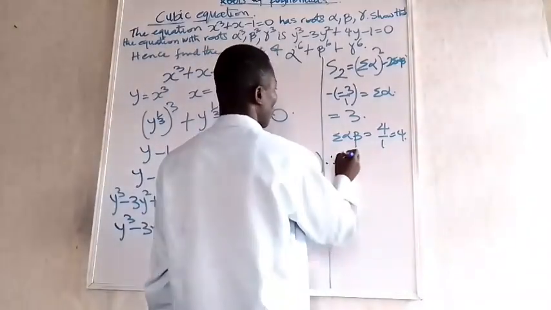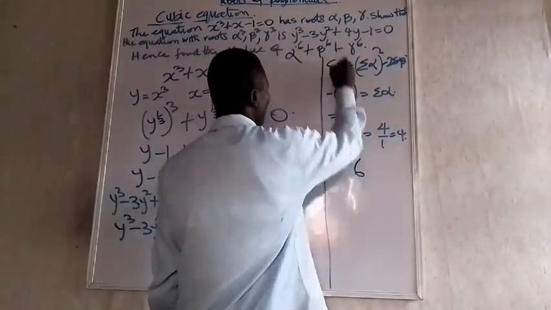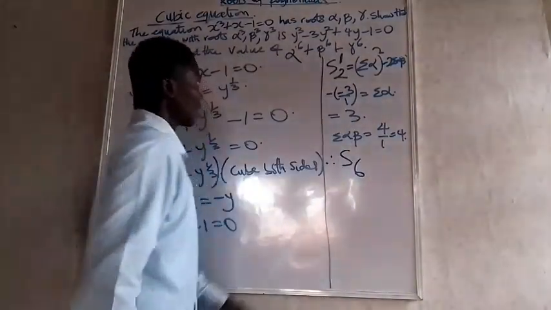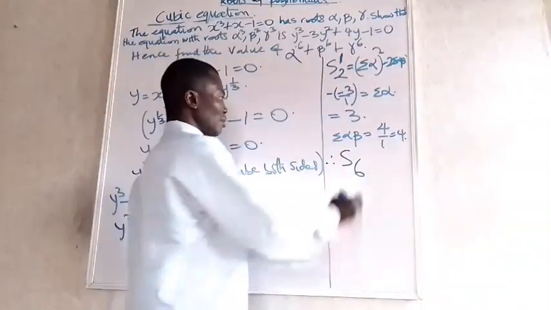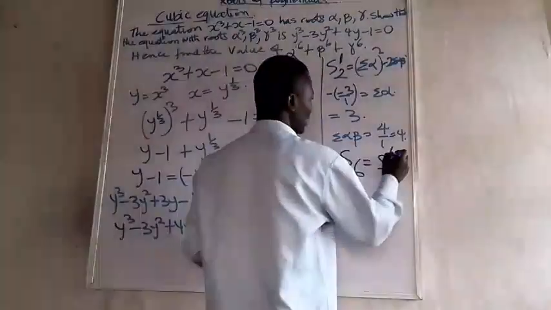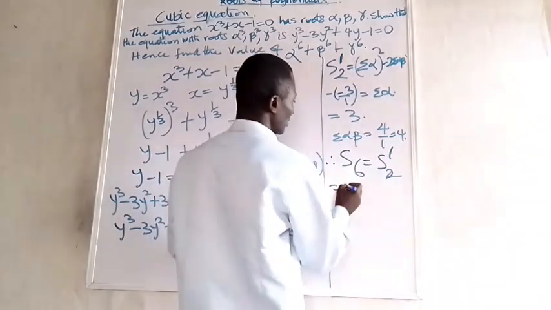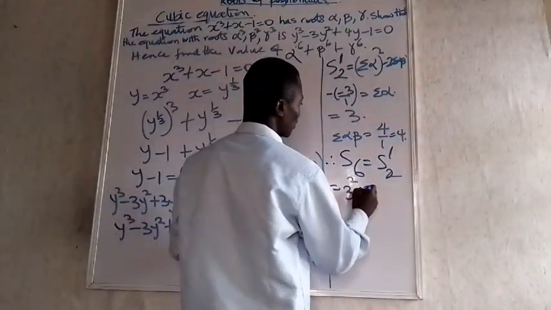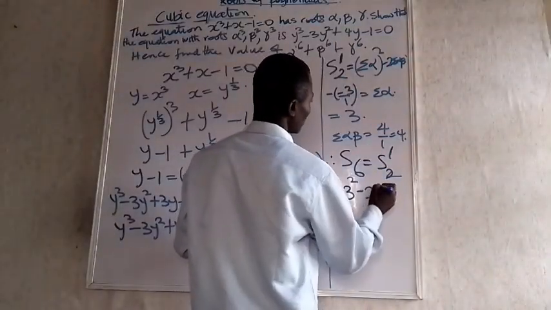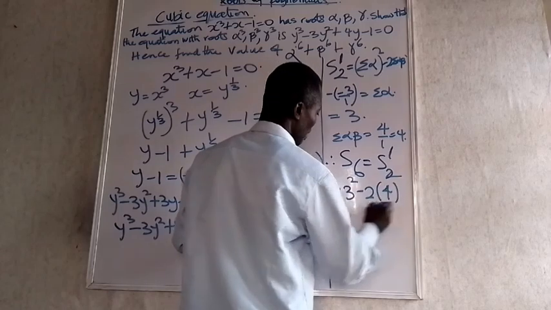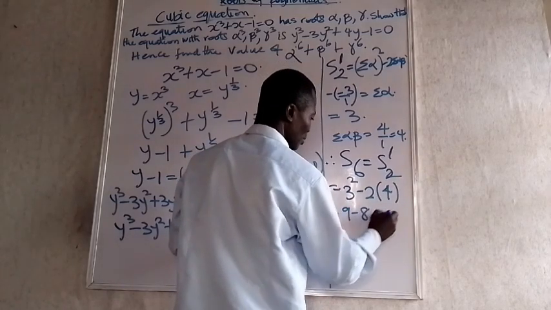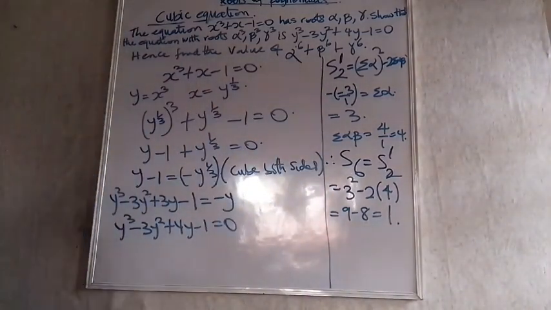Therefore, S6, which is equal to S2 for the new equation, will be equal to 3 squared minus 2 into 4. And that is 9 minus 8, which is equal to 1. So you can see, very good and nice.